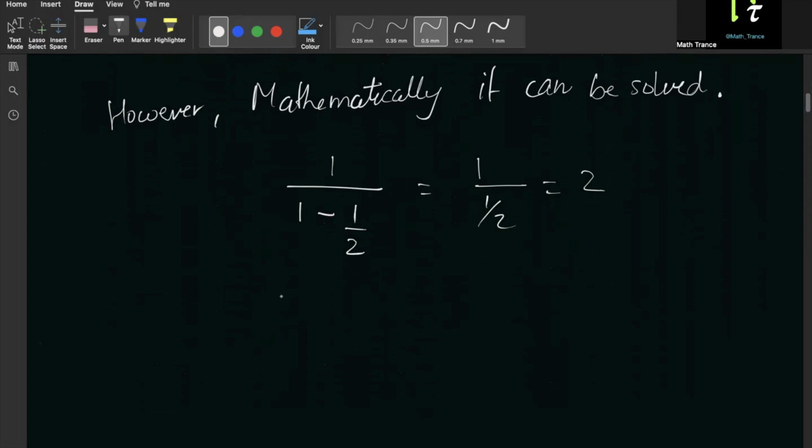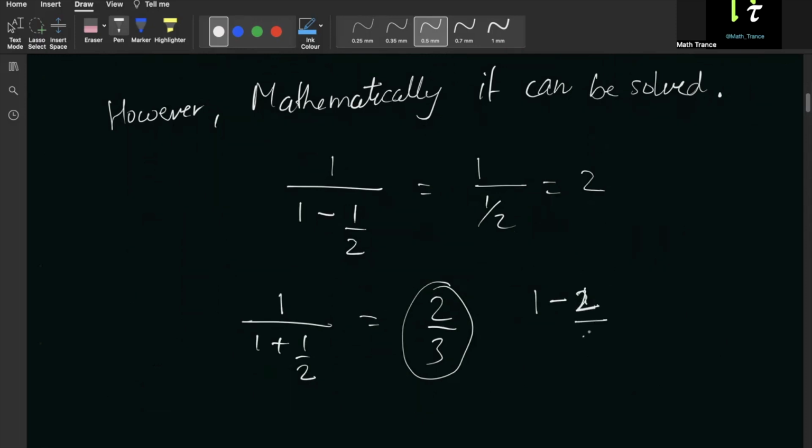So what if I do 1 upon 1 plus half? This will definitely give me 2/3. And if I can subtract 2/3 from the 1, I'll get 1 by 3. So this is how I stumbled across the solution.